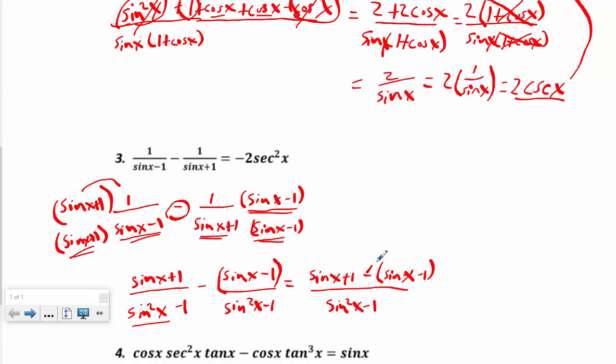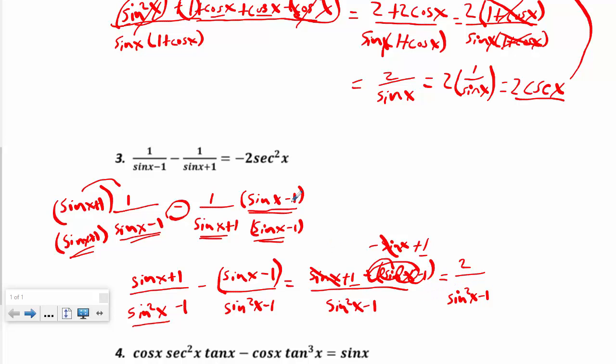If I distribute this negative in here, that's actually a negative sine x. And if I distribute this negative over here, a negative times a negative 1 is a positive 1. So that's really what I'm looking at here. I have sine x minus sine x, which makes nothing. And then I got 1 plus 1, which is actually 2. So I'm going to get 2 over sine squared x minus 1.